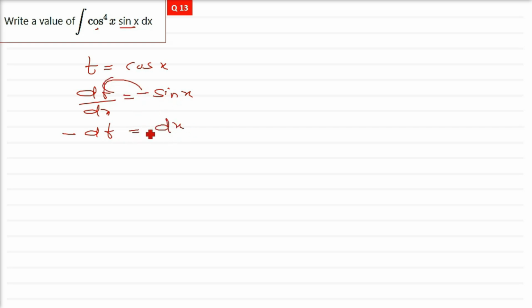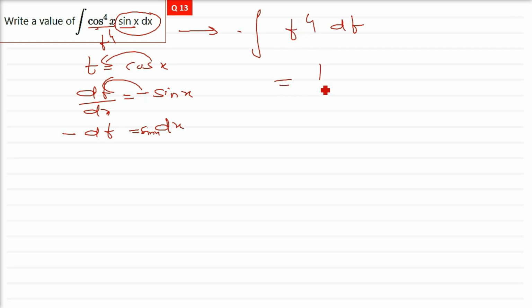So sin x dx you can just write here, and this sin x dx is already there, so we can replace it by dt because we have taken t, and cos raised to 4 x, because cos x is t, cos raised to 4 x will be t raised to 4. This will be t raised to 5 divided by 5 plus a constant of integration with a negative sign. But still we need to replace t by cos x for the final answer. This will be the final answer.